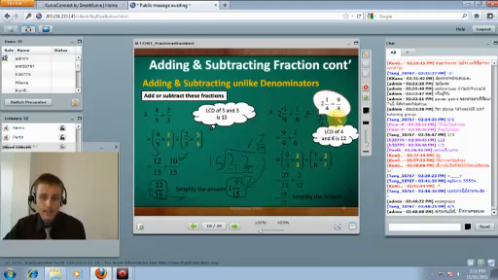plus 1 over 6. We need the least common denominator, which for 4 and 6 is 12. 9 over 4, 4 has to become a 12. Multiply the numerator and the denominator by 3, and we have 27 over 12.